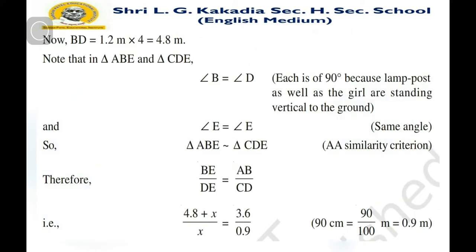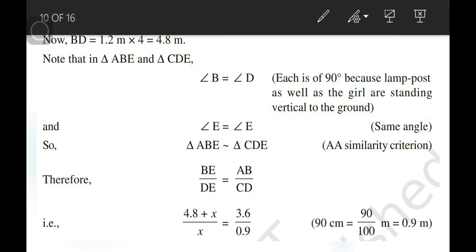So how can we find BD? BD is the distance that she has walked with the speed of 1.2 meters per second. By the distance-speed formula, speed is equal to distance upon time.